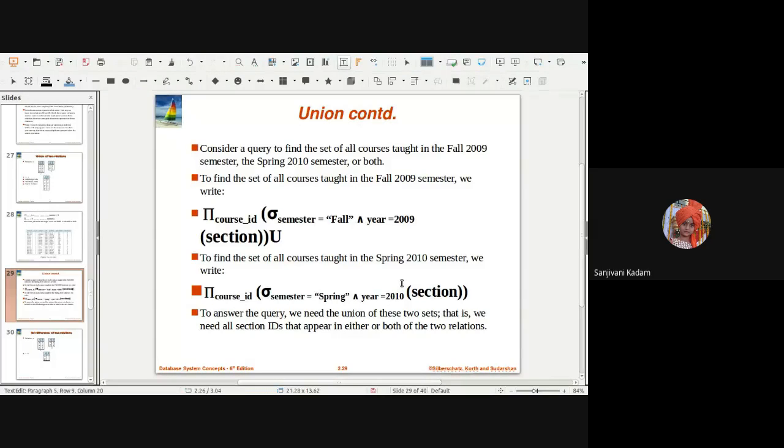And if any course ID is repeated here and here, in that case only one value will be reflected in the output. Two values will not be there, only a single value will be there in the output. So this is how we are learning to perform the union operation.